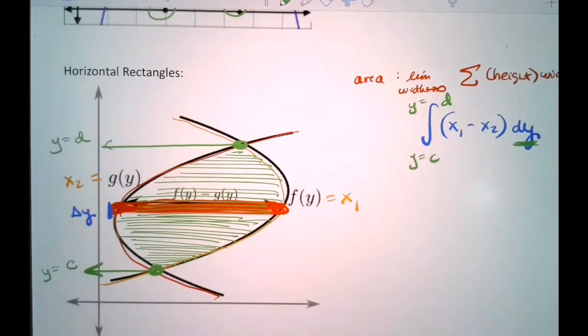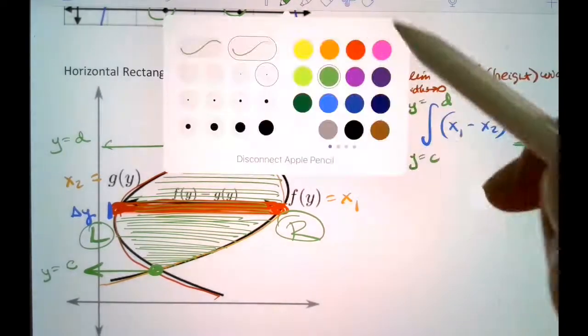Okay, so now again, instead of saying x1 minus x2 or f of y minus g of y, essentially that's what it is. What I want you to view this as, no joke, is, hey, the right function minus the left function. That's what I want you to see. Because depending on the labels, maybe they'll be backwards, and I don't want you to be in a bad situation because of that.